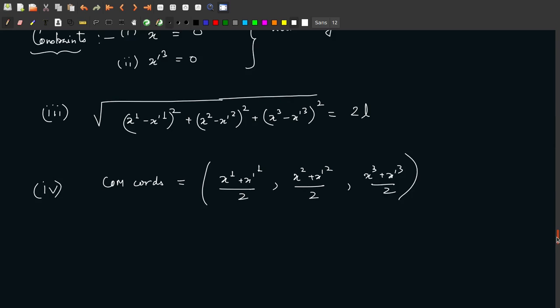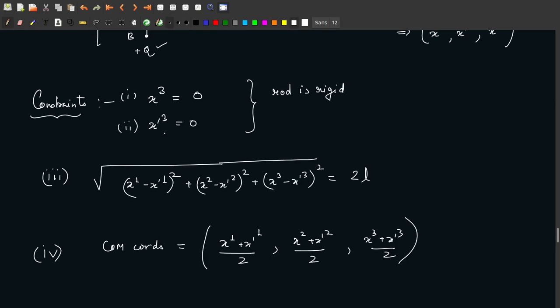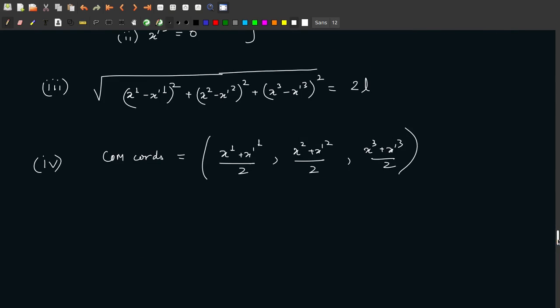But you already know from the first and second constraints that x3 and x prime 3 equal 0, so it generates no new constraint.